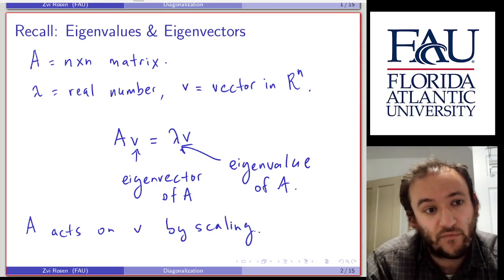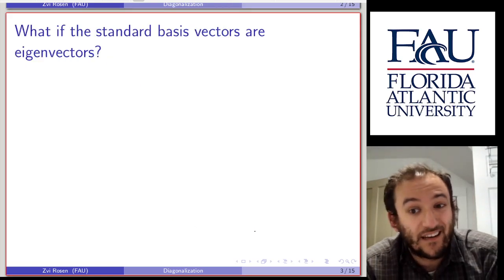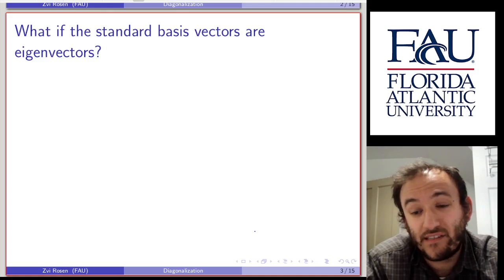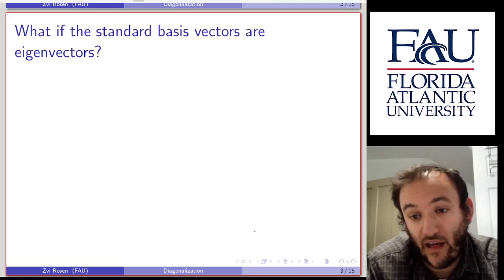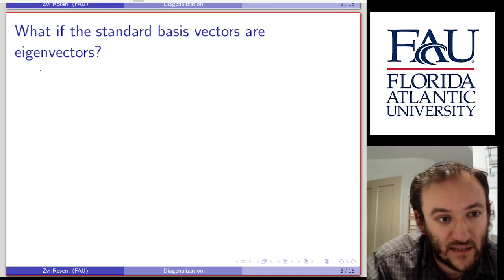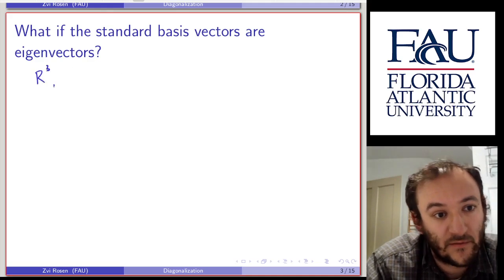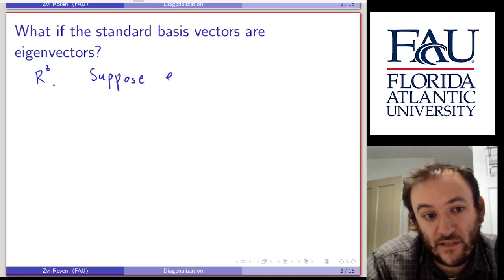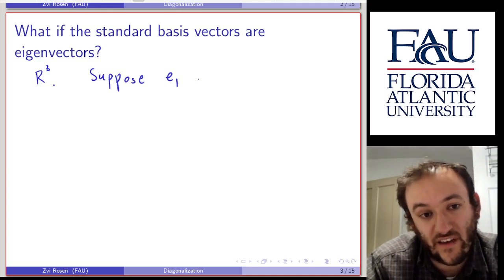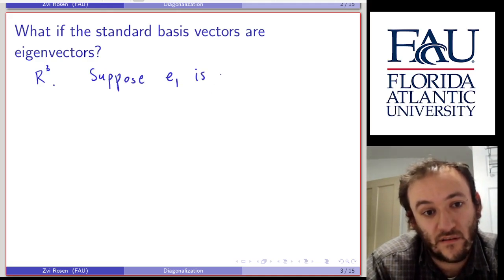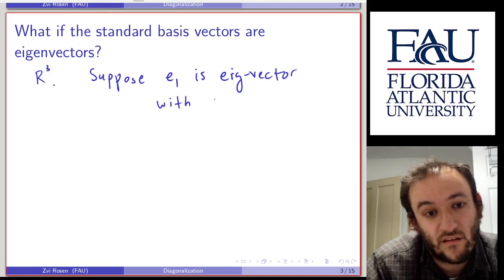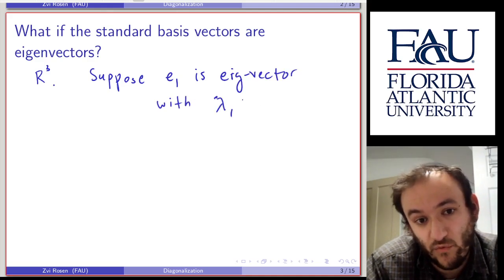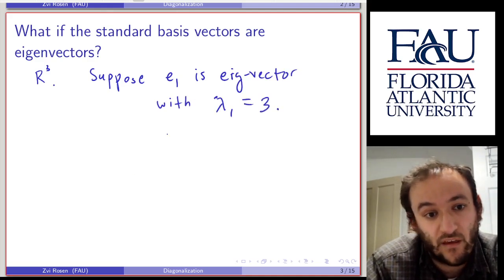So let's consider a nice situation where the standard basis vectors are all eigenvectors. In this example, let's stick with R3. Suppose, for instance, E1 is an eigenvector with associated lambda 1 equals 3.